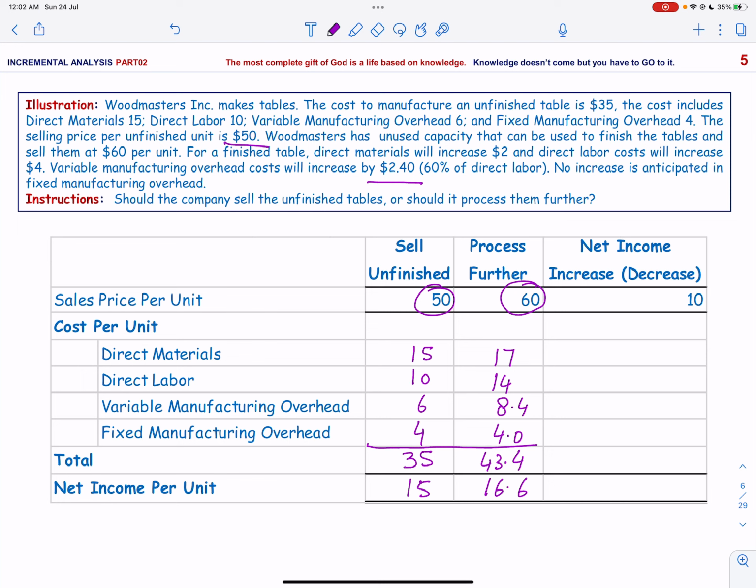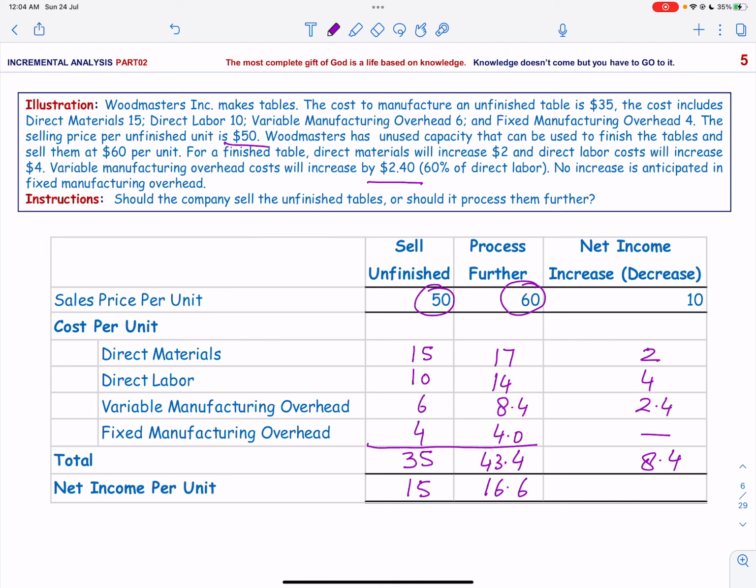So our direct material has increased by 2, direct labor has increased by 4. Variable manufacturing overhead has increased by 2.4. There is no change as far as fixed manufacturing overhead is concerned, and our total cost has increased by 8.4.